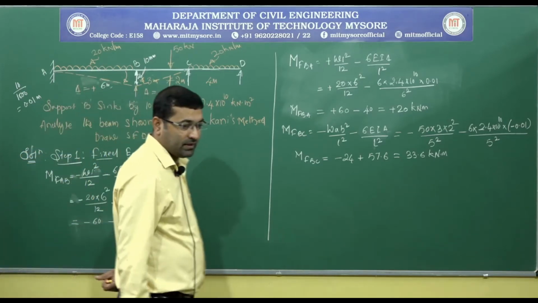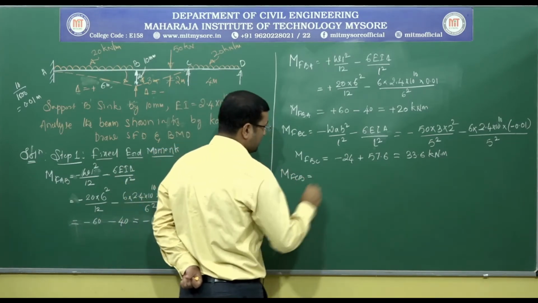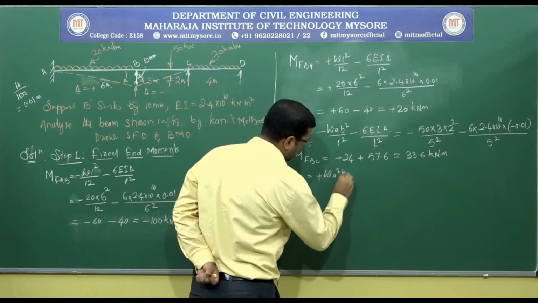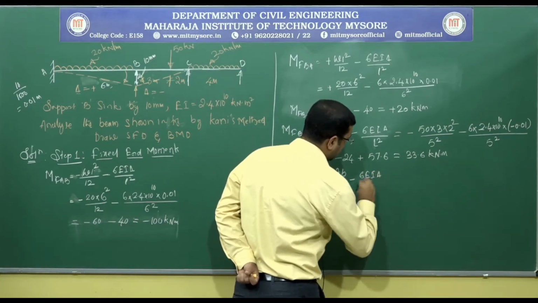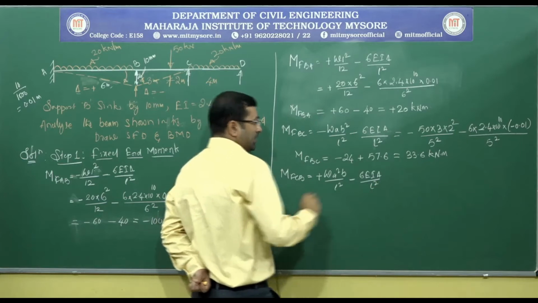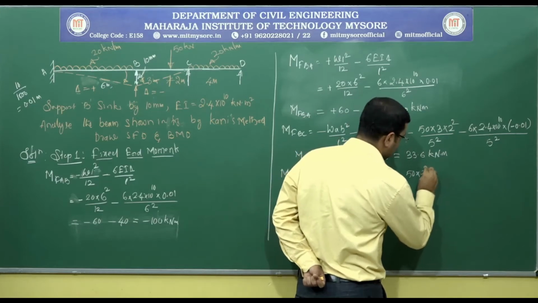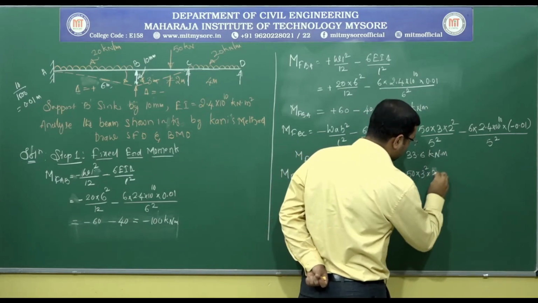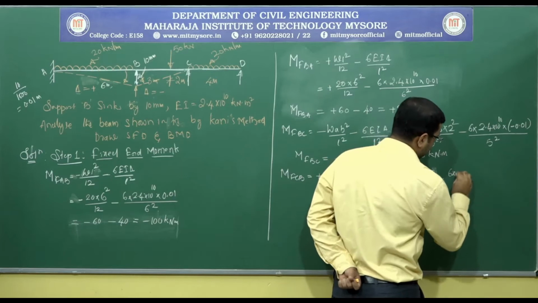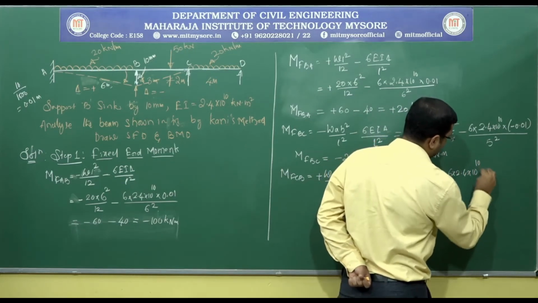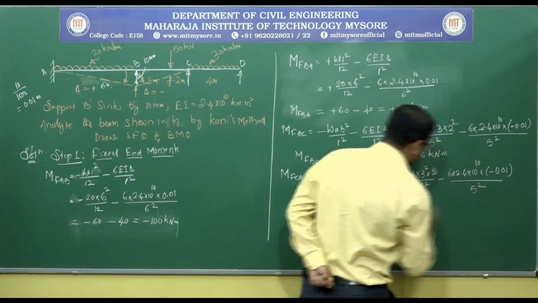Similarly, we have one more, MFCB, which is equal to plus W A square B by L square minus 6 EI delta by L square. So it is plus W is 50 kilonewton, A value is 3, so 3 square into B is 2, divided by 5 square, minus 6 into 2.4 into 10 to the power 10 into minus 0.01 divided by 5 square.